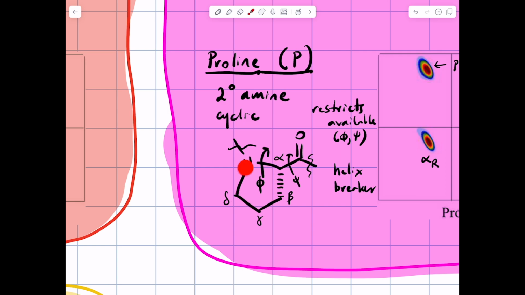This constraint, this ring that involves both the nitrogen and the alpha carbon, clamps down on the values that the molecule can adopt. If this is the ring, you eventually get to dihedral angles that would stretch the ring to the breaking point. The ring dramatically restricts the values that can be adopted by that phi dihedral angle.